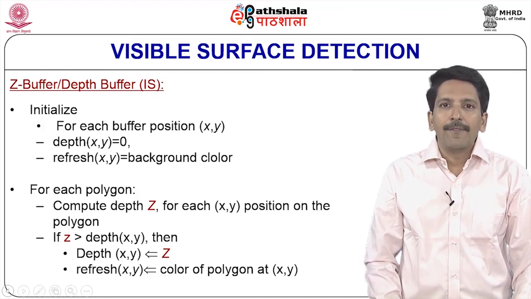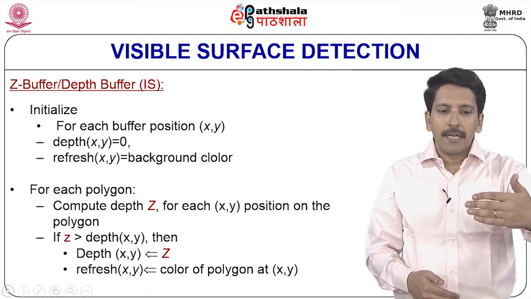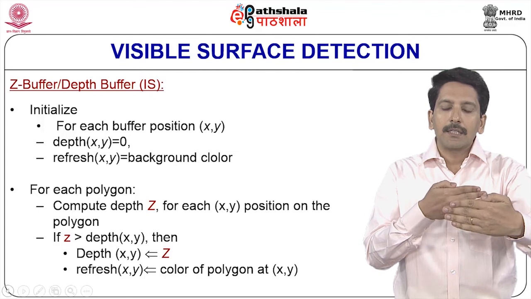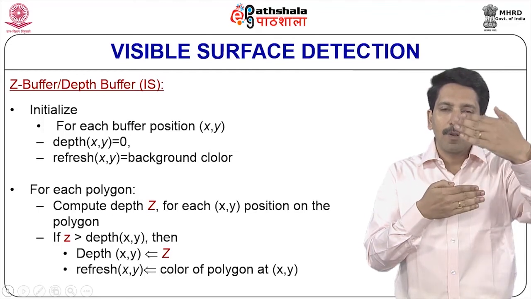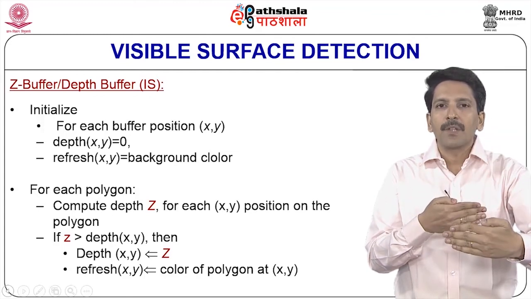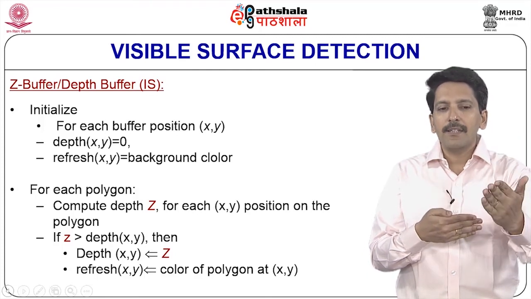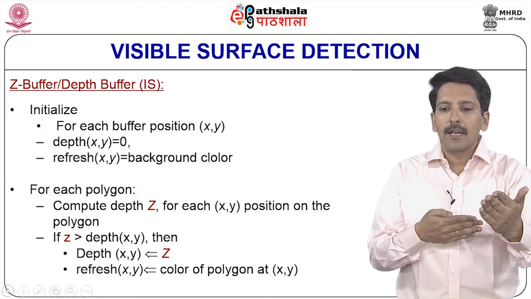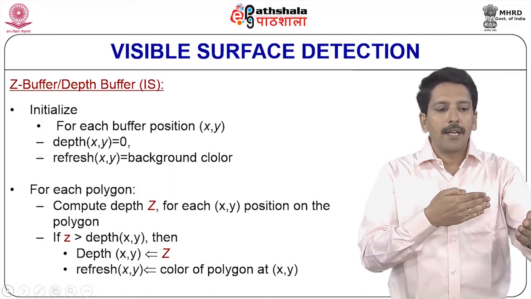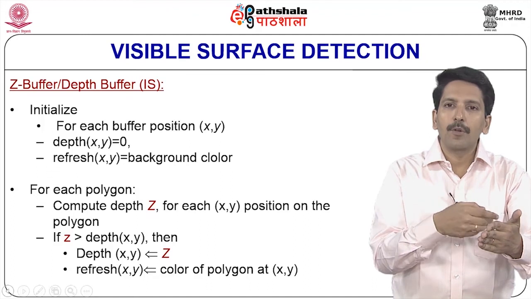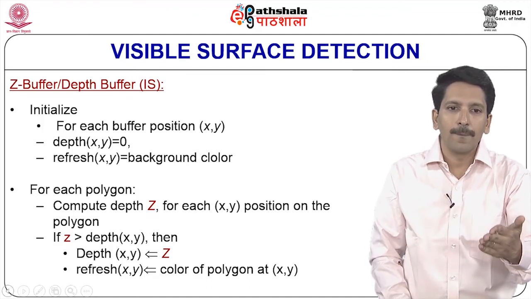If the face is exactly parallel to the view plane, then the z for all the pixels of the face will be exactly the same. We do not have to really worry, but if the face is oriented like this and if the view plane is like this, then for every pixel position you have a different depth value.